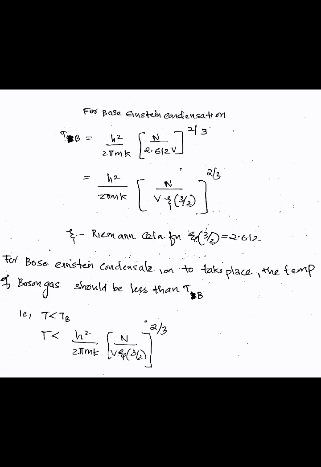For Bose-Einstein condensation, temperature should be less than Tc. That is T less than Tc. That means T less than h square divided by 2 pi m k into N by V Riemann zeta function of 3 by 2 the whole raised to 2 by 3.